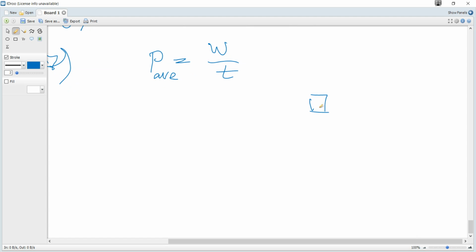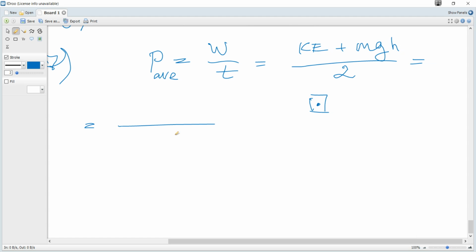And when the object is moving up and gains a speed of 4, it gains kinetic energy, but the motor must also do work against gravitational attraction, so it also gains gravitational potential energy mgh, and the time interval is 2 seconds.